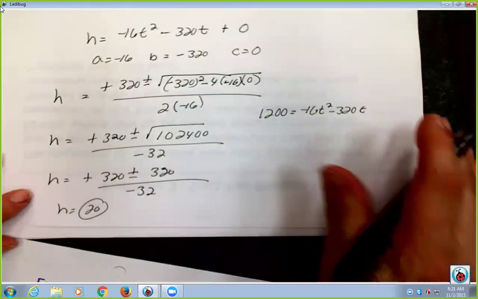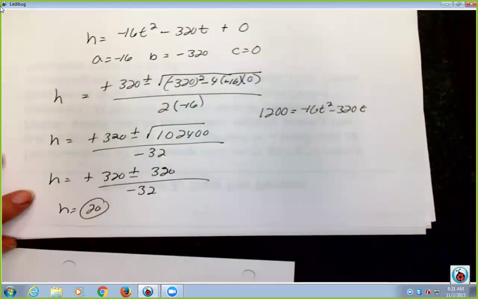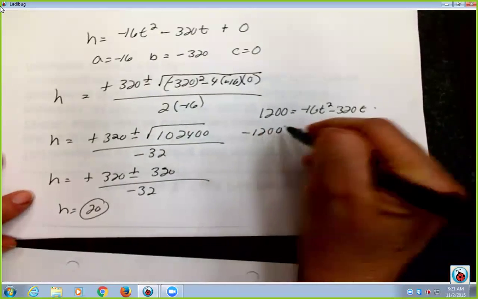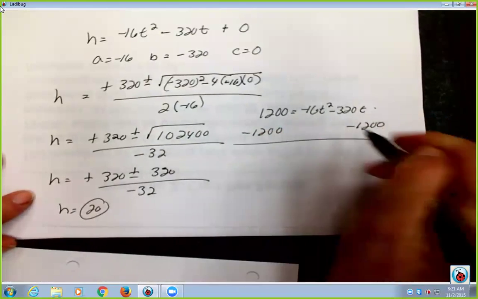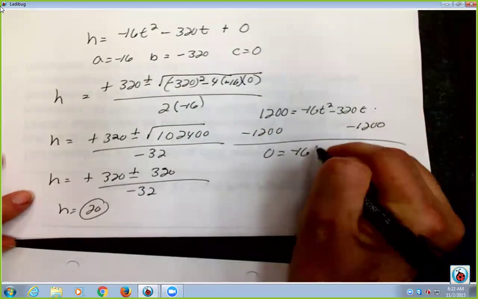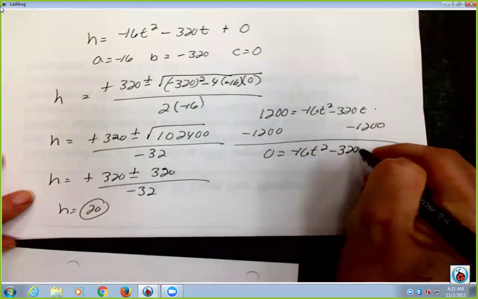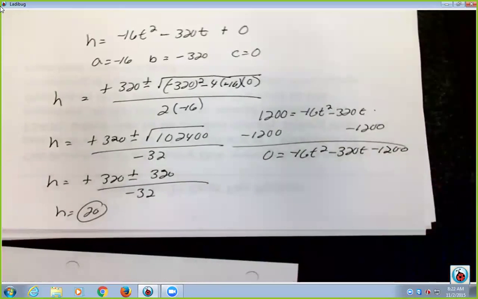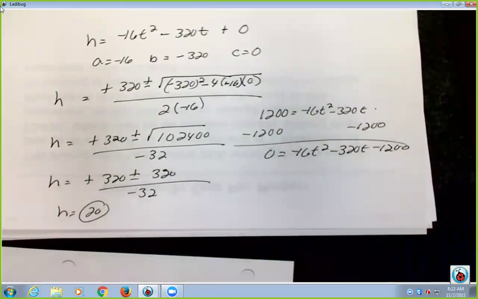And from there, I can end up finding out what my t happens to be. I can solve that by putting it in my quadratic equation, and I would end up coming up with what t would happen to be in that situation.